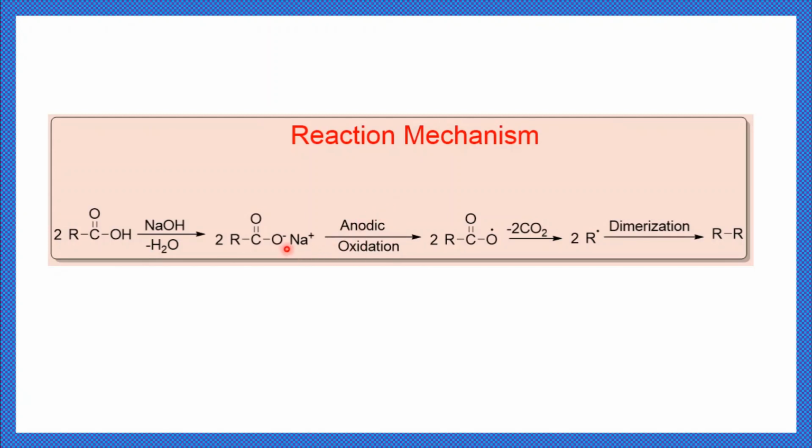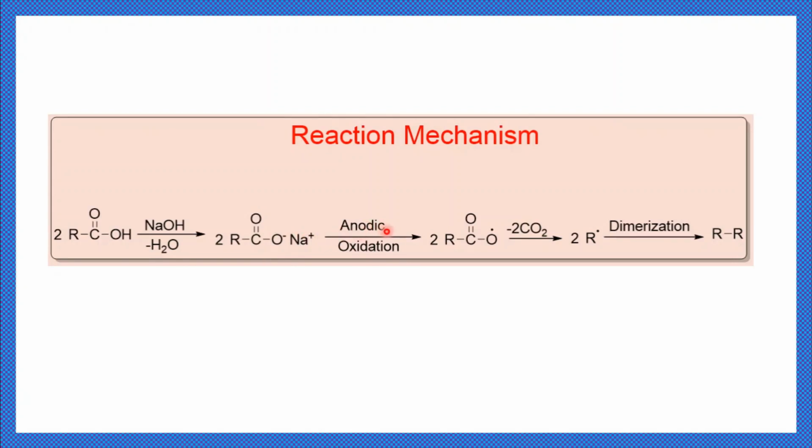This oxygen has 6 electrons: oxygen has 2 lone pairs, so 4 electrons from the lone pairs, and the negative charge contributes 2 electrons, giving a total of 6 electrons.